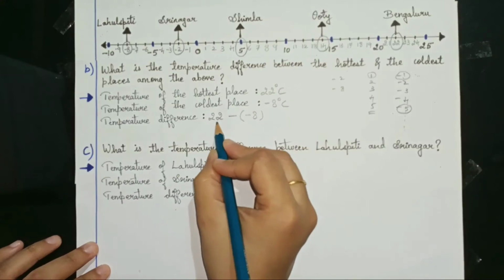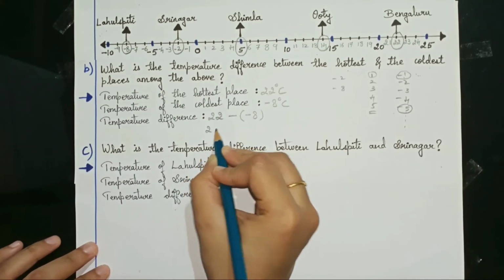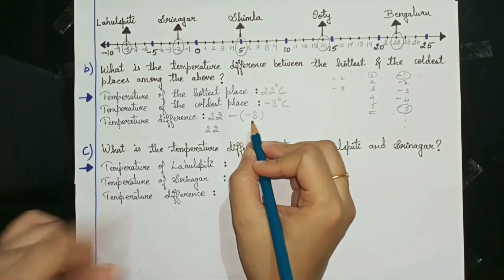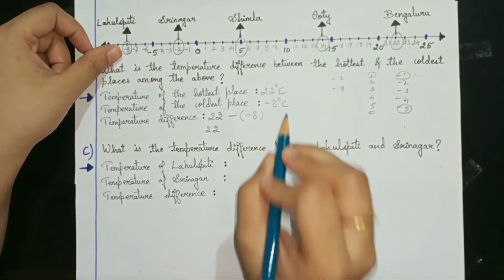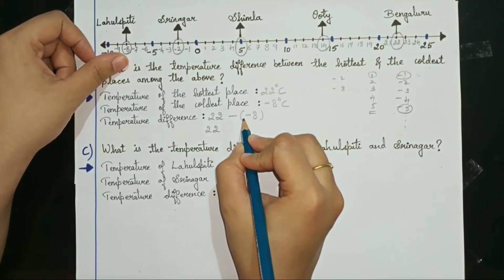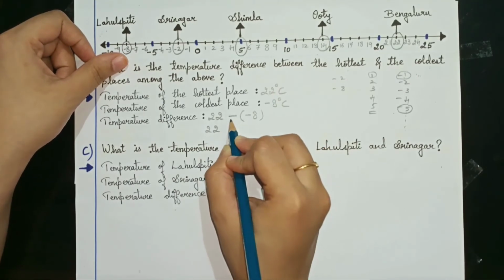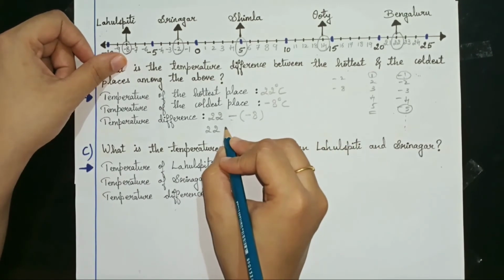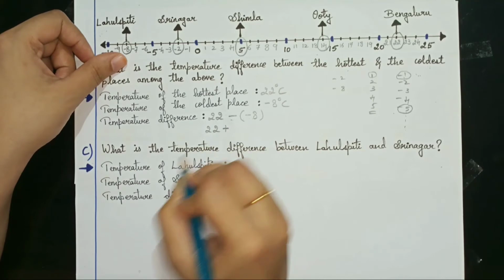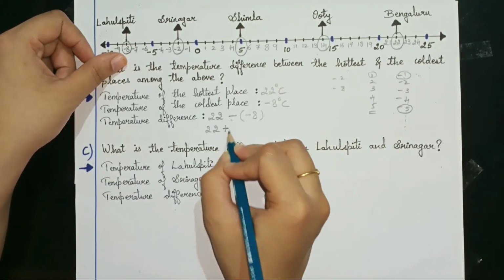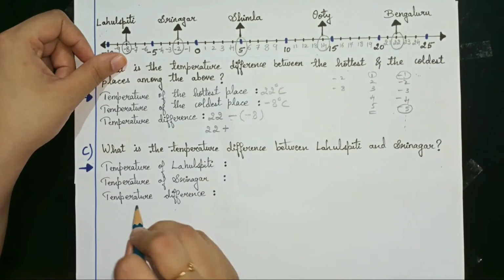Now this 22 I'll write as it is, because first we have to solve brackets, correct? I have told you in my previous video, first we have to solve brackets. Inside the bracket it is a minus sign, outside the bracket also it is a minus sign. Since the signs are the same, you have to put a positive sign in the answer.